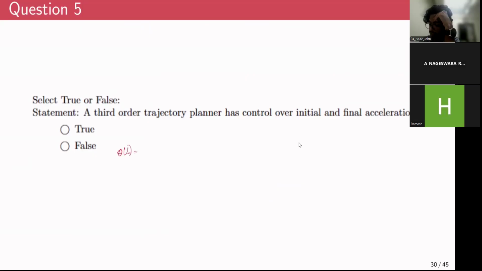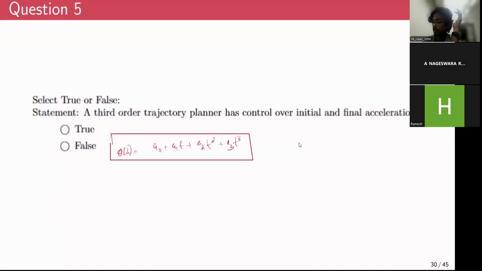Theta of t is a0 plus a1t plus a2t square plus a3t cube. Can we really control the accelerations with just 4 boundary conditions? Would that be possible or not?